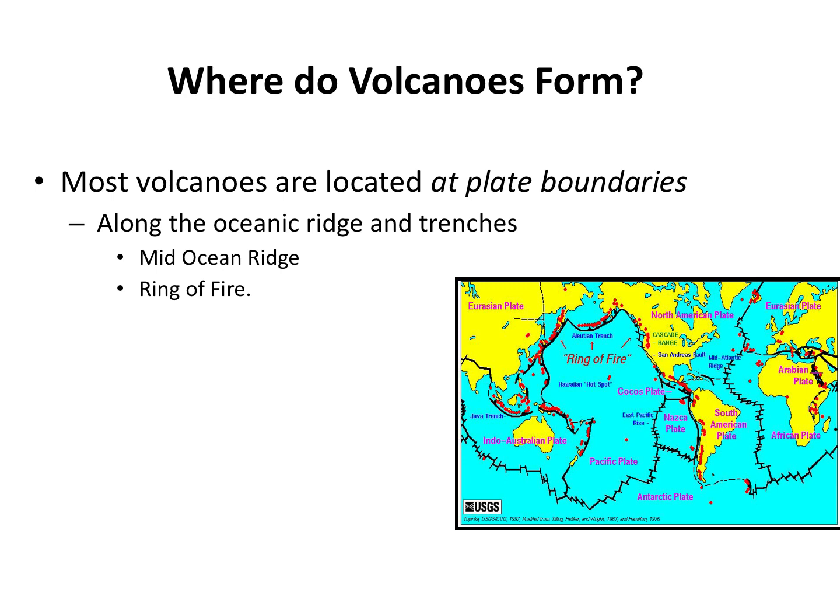Where do volcanoes form? We know most volcanoes are located at plate boundaries. They form along the oceanic ridge and trenches. Mid-ocean ridges are the ridges that are formed when two divergent plates release magma onto the ocean floor and create new sea floor.